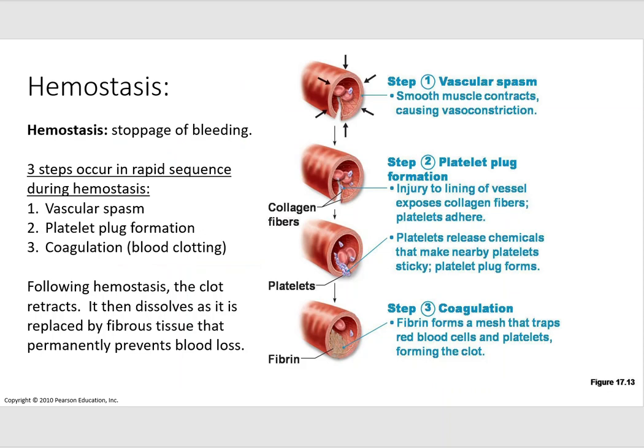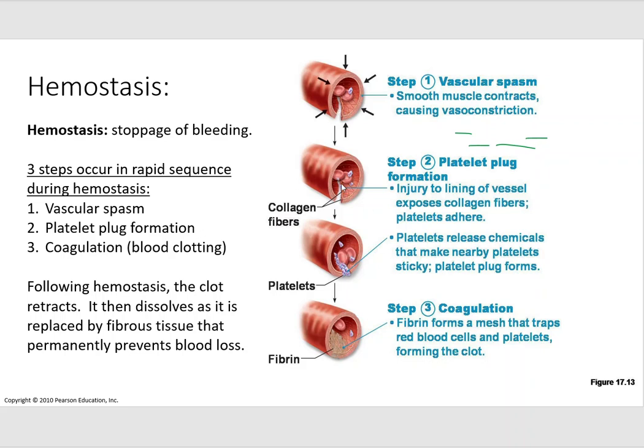Hemostasis, this is a method of plugging a hole. Okay, and the first thing, when we get this damage, the smooth muscle that surrounds the blood vessel is going to have a reflex contraction. What's that going to do? Well, it's going to take that big gaping hole and move it a little bit closer together. It's not going to do away with the hole, but it's going to make it not as wide.